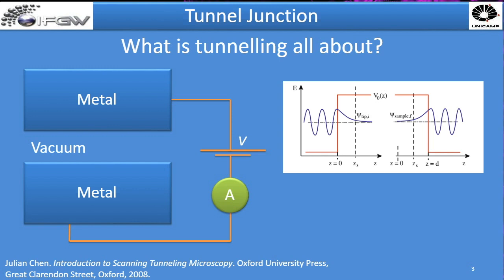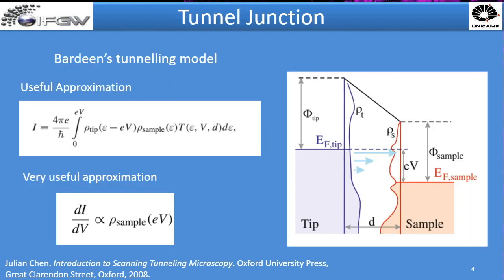And if you make all the modeling about this, you can see that the current depends on the density of states on one of the electrodes that we're going to call the tip in the STM, and the density of states on your sample.